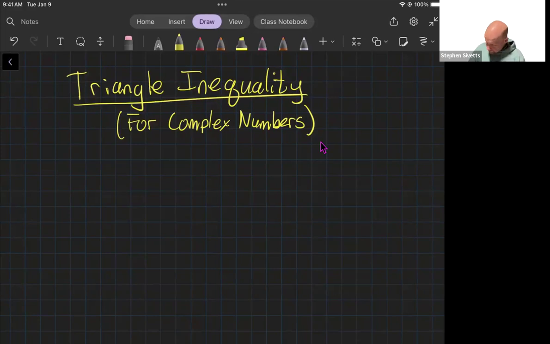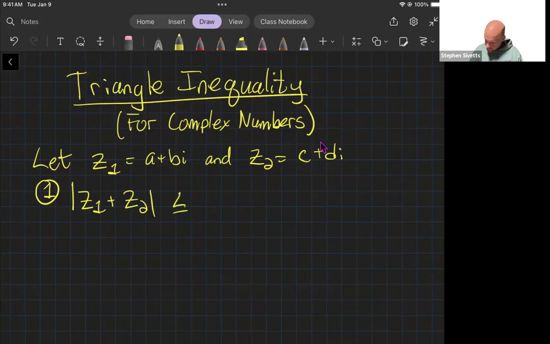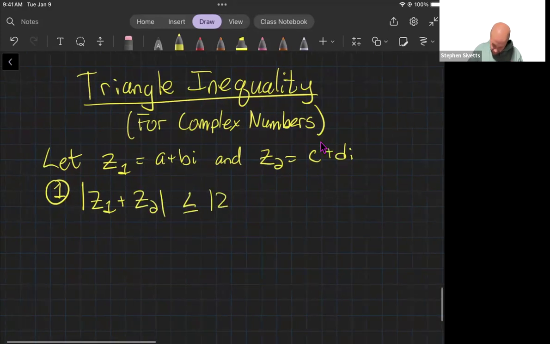So let z1 equal a complex number, a plus bi, and z2 equal c plus di, right? Then the first part of this inequality says the modulus of z1 plus z2 is less than or equal to the modulus of z1 plus the modulus of z2.